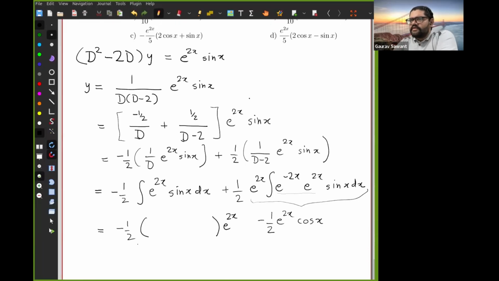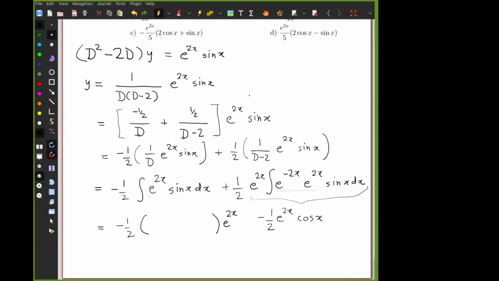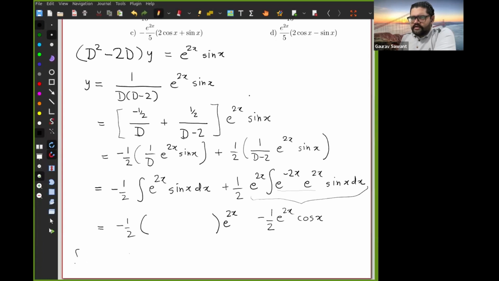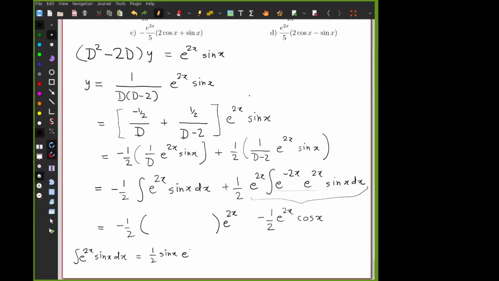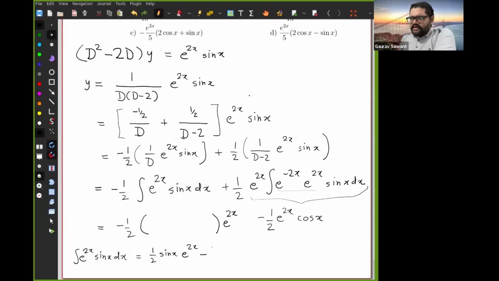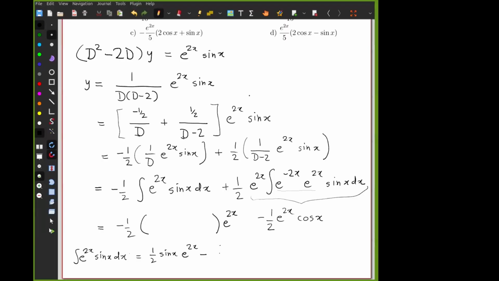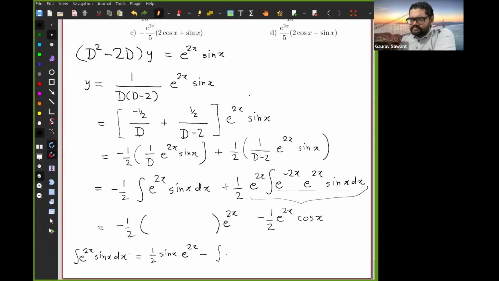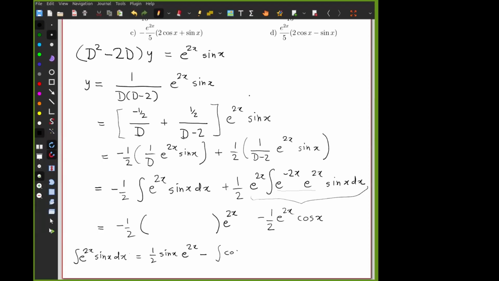Let me clean this up. For the first integration, we are getting sin x into e to the power 2x by 2, minus integration of cos x into e to the power 2x by 2 dx.